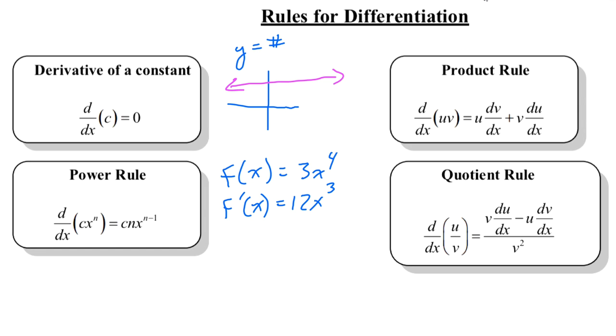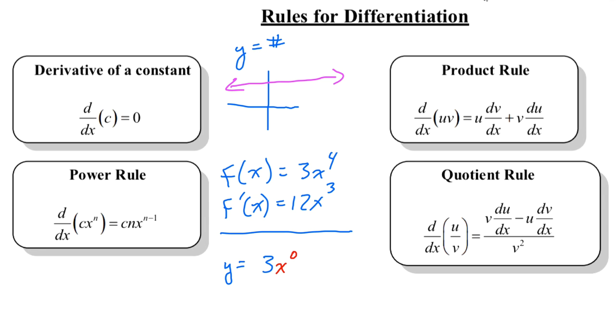Now, if we explore a little bit more, let's think about that derivative of a constant for a second. Let's say you had an equation that was y equals 3. You can think of this as 3x raised to the 0 power, because any number to the 0 power is 1, so 3 times this is really the same thing as just 3.